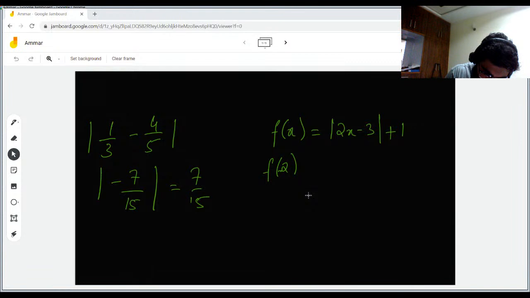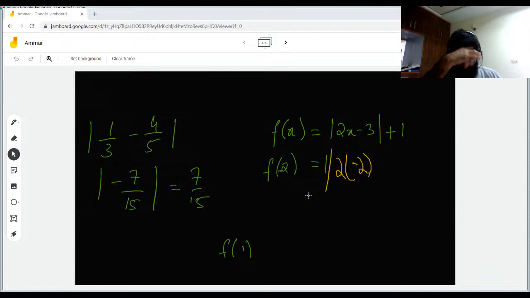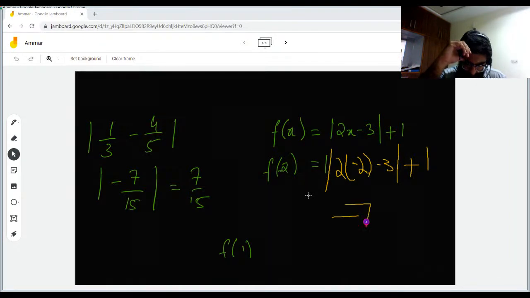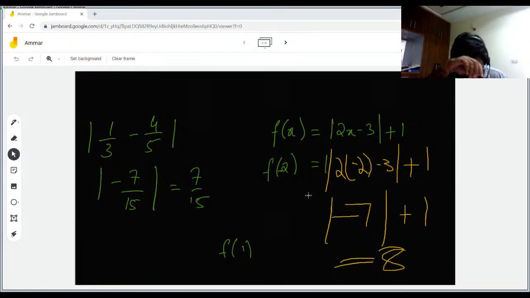So for f of minus 2, it would be minus 4 minus 3, which is minus 7, mod, plus 1. So it would be 8. Something which would otherwise have been minus 6 has become 8.